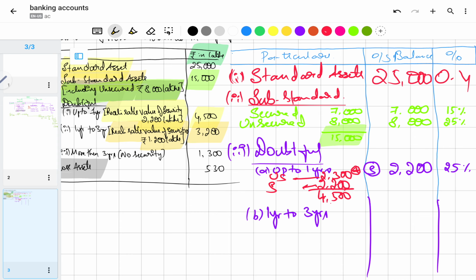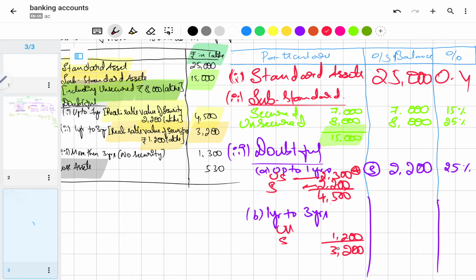So the realizable value of securities, which is the secured portion, is 1,200 lakhs.